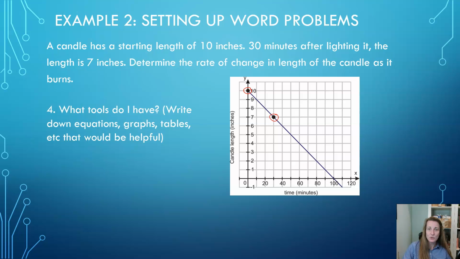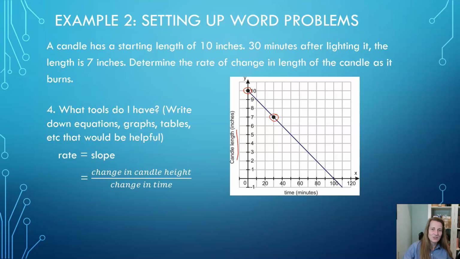And I can graph those 2 points and look at the slope of that line, because slope means rate. Remember, Dr. Glaze talked about that in a previous module. All right, so in this case, our slope is a change in the candle length, the candle height, over the change in time, the time that that candle has been burning.